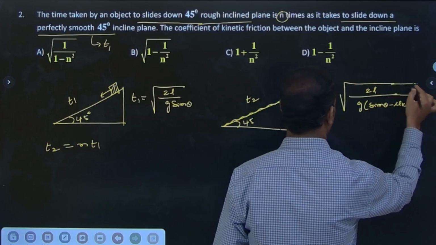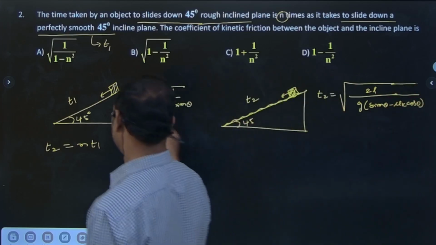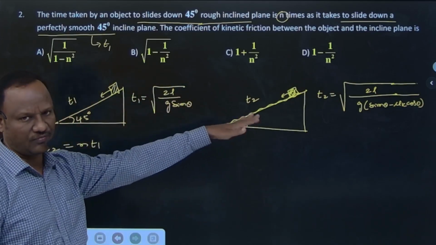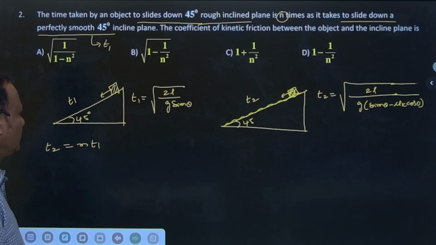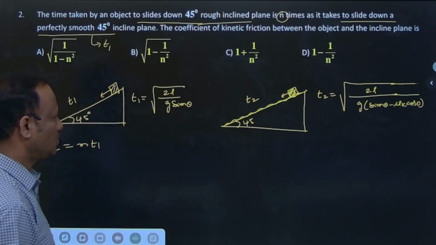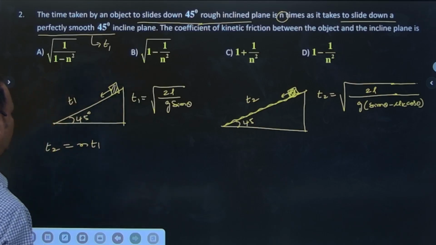Those are the conditions, for the time taken downward on the smooth and the rough inclined plane. Otherwise, if you are confused, we can use the second equation of motion, s equals ut plus half a t square.